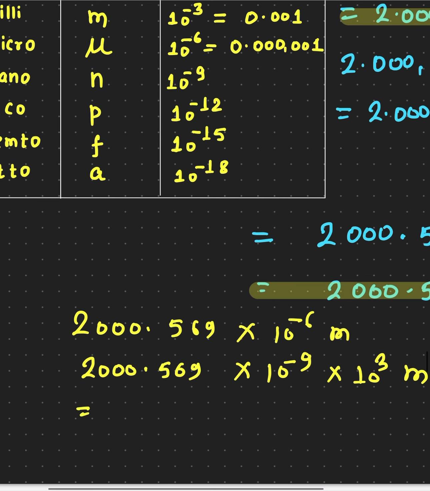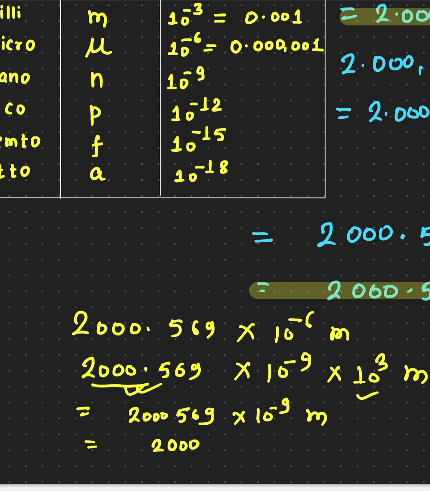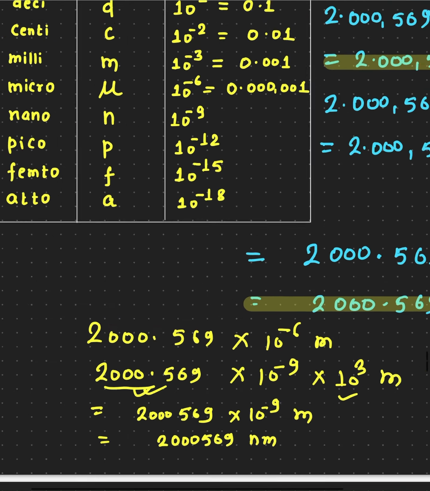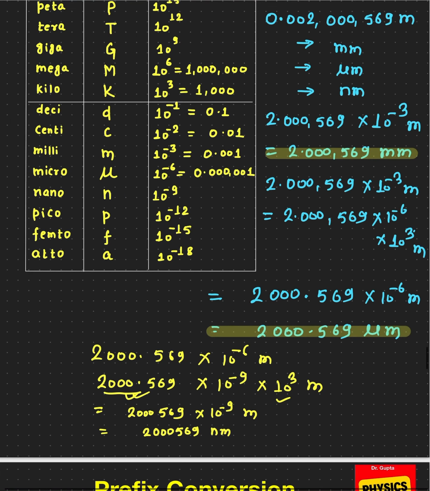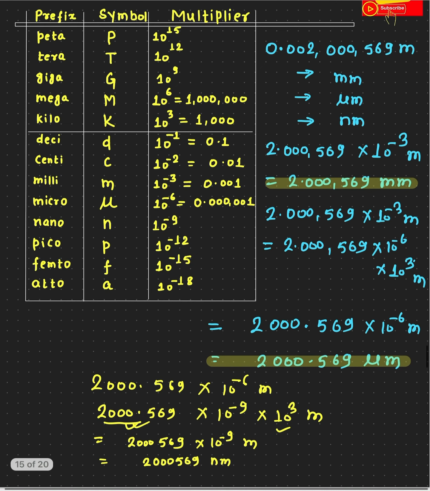If I multiply these two numbers together, I get 2000 and 3 decimals here, 569 times 10 to the negative 9 meter. So that will give us 569 nanometer. That's how I converted this into nanometer.